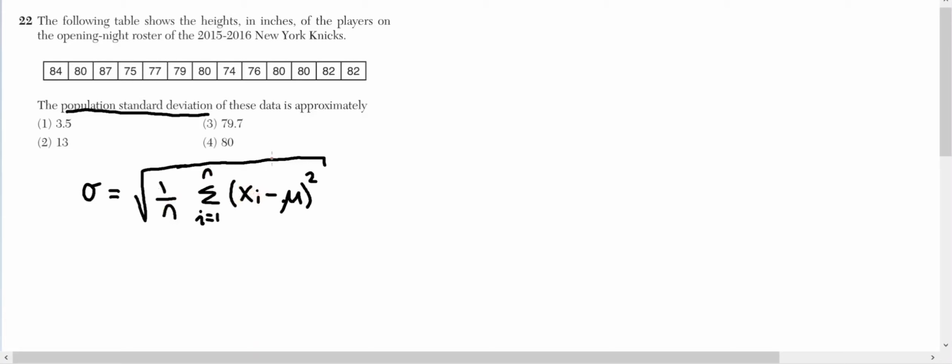So we're taking the square root of 1 over n of the sum of the squared differences from each sample with respect to the population average. So that's the computation form of sigma, which is population standard deviation.